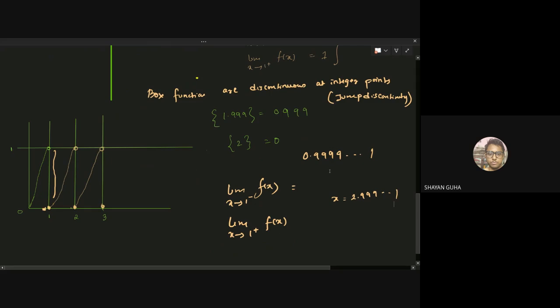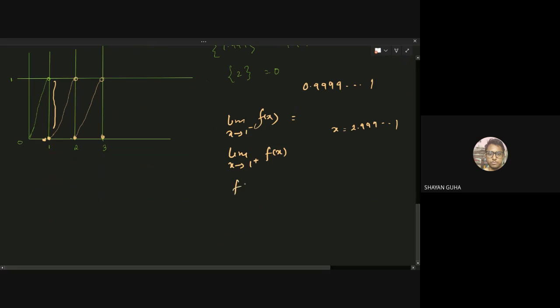But what about f of 1? For f of 1, I will get it to be 0. So even if my left hand and right hand limit are the same, I can guarantee that my functional value won't be the same. So in this case also we can easily see that at the integer points the functional value doesn't match, or rather, the function is not continuous at integer points.